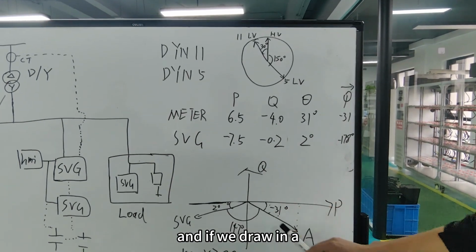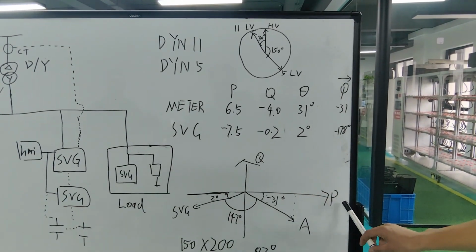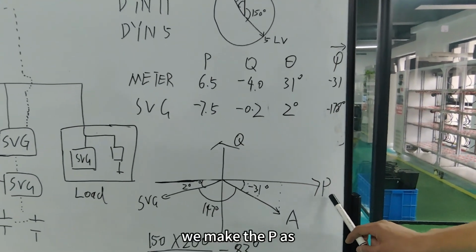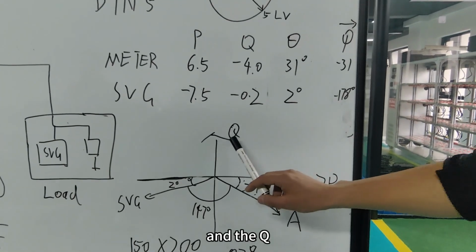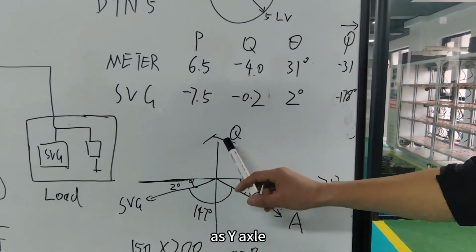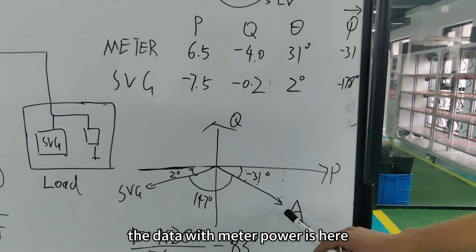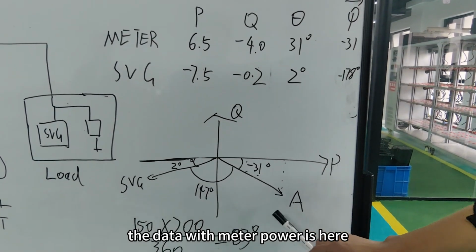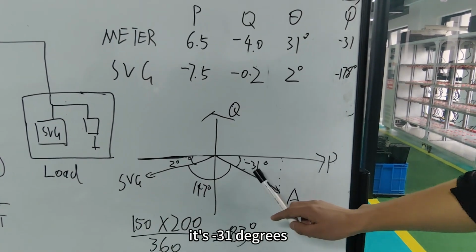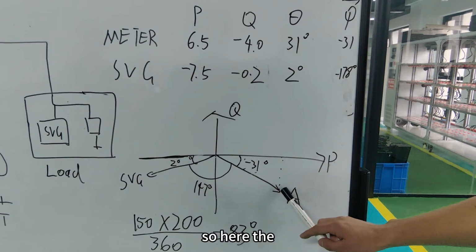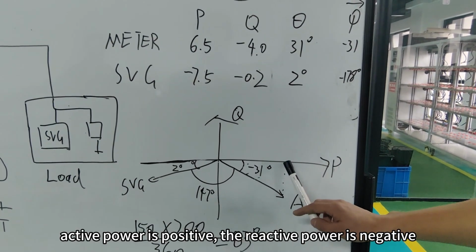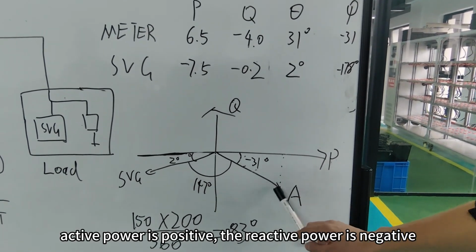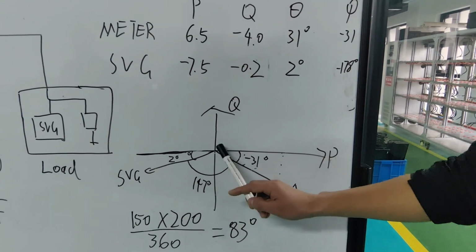If we draw a diagram with P as the X axis and Q as the Y axis, as you can see, the meter's real power is here. It is negative 31 degrees, so the active power is positive and the reactive power is negative.